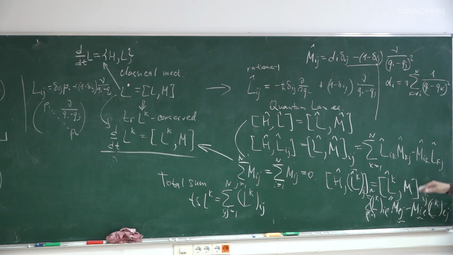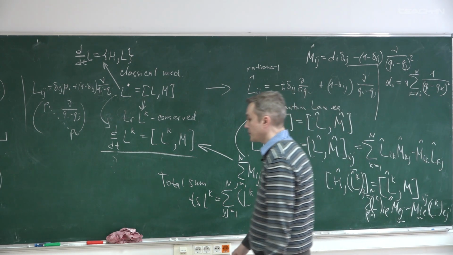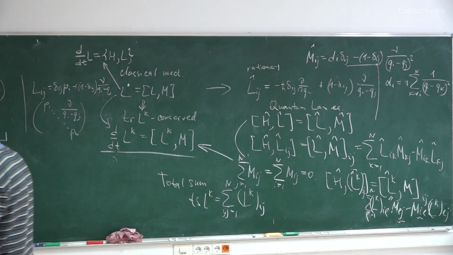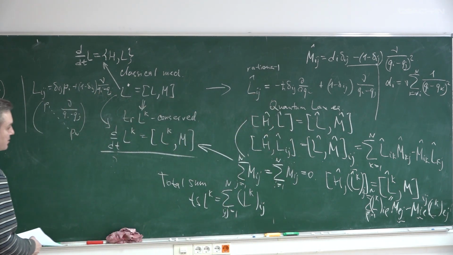After summation over I and J, this provides 0 and this provides 0. And for this reason, we obtain a set of operators which commute with the initial Hamiltonian.